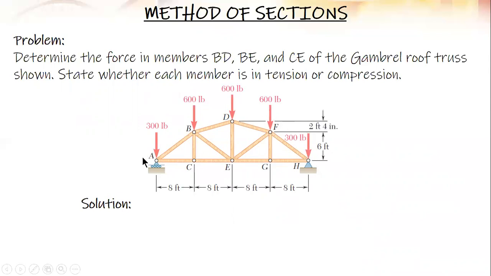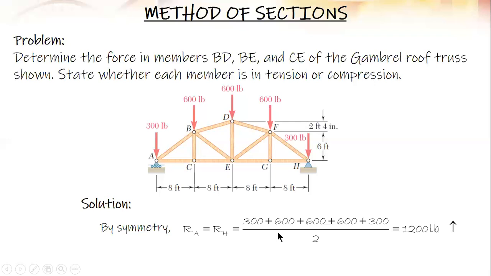The loading is also symmetrical. So by inspection or by symmetry, the reaction at A is equal to the reaction at H. So all you have to do is add all the forces, divide it by 2. And the reaction is equal to 1,200 pounds at A, 1,200 pounds at H.